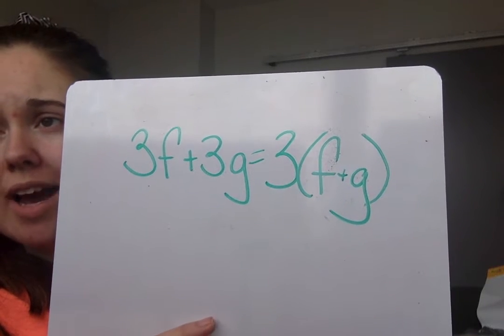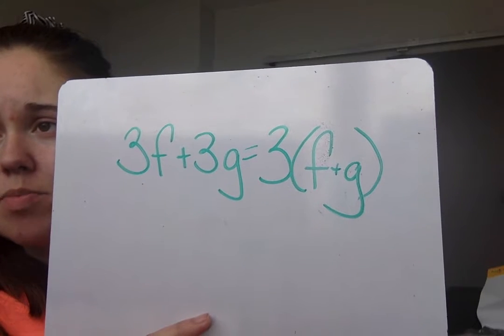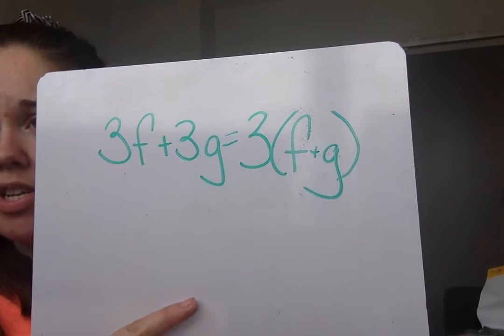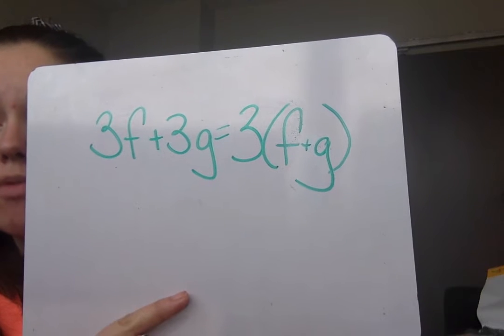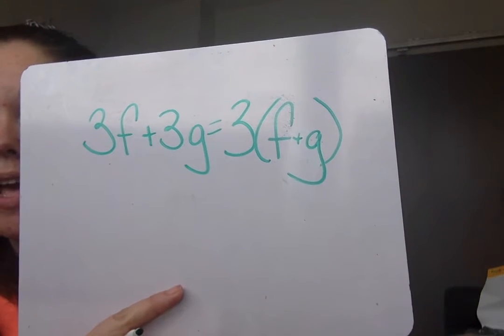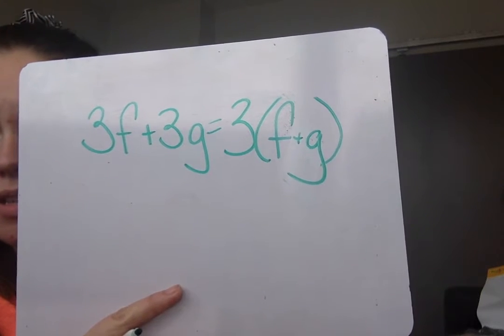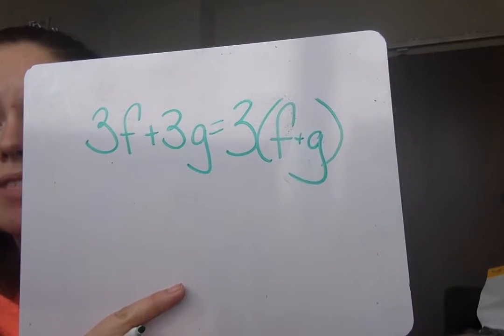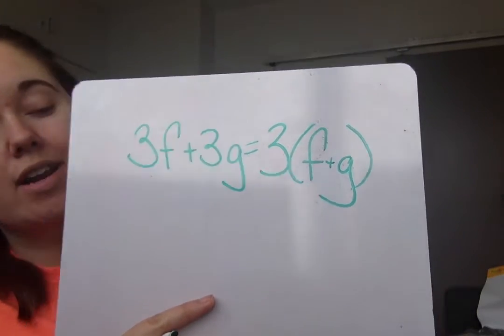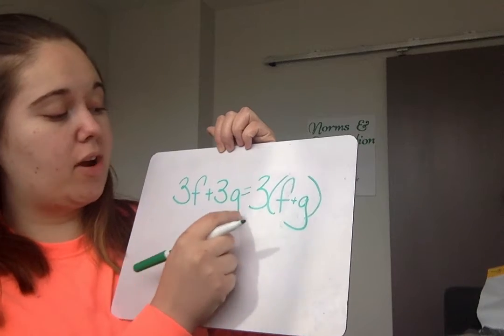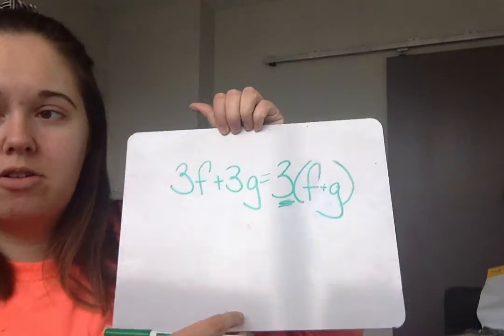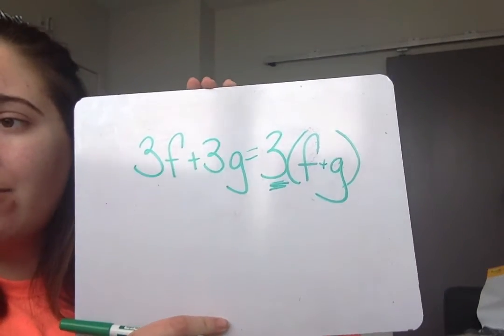What is this question asking us to do? We need to rewrite the expression as an equivalent expression in factored form, which means the expression is written as the product of factors. The number outside the parentheses is the greatest common factor, so they both have this greatest common factor of 3. Okay? So how would we rewrite this?